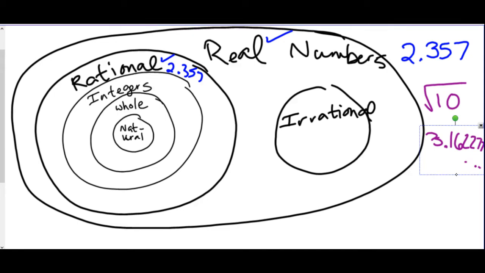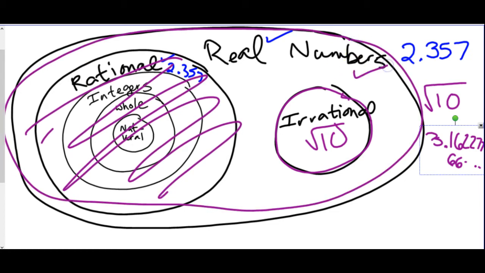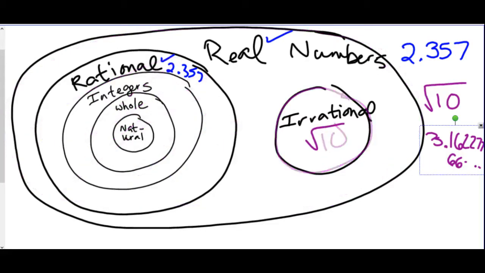It'd have to be 2277, 2277. So since it ended with 66, we know there's no pattern. So this is irrational. So we fit in irrational. That means we don't fit in any of these other circles, but we do fit in the real number circle still. So we can fit into multiple categories at the same time.